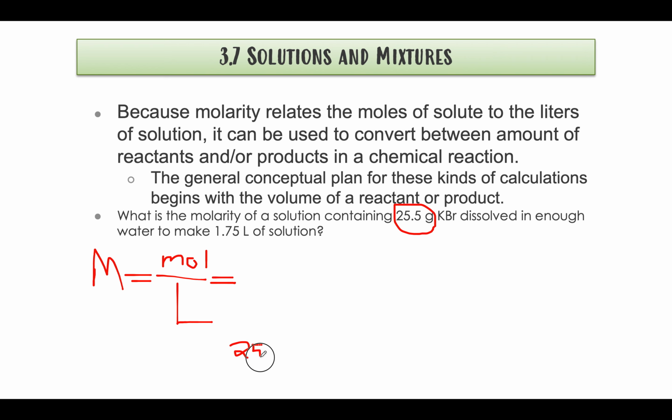So we have 25.5 grams of potassium bromide, and again, I'm doing this on my computer, so bear with me here. Now, we're going to divide by the molar mass of potassium bromide, 119.002 grams per mole, to find the number of moles.